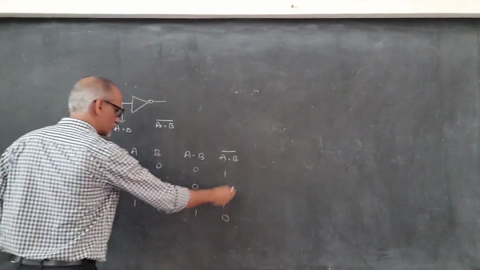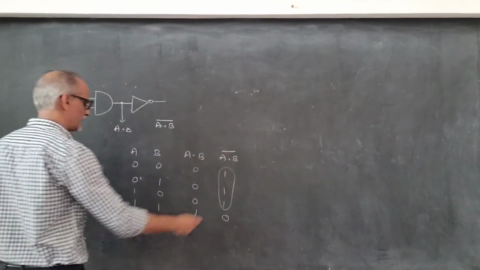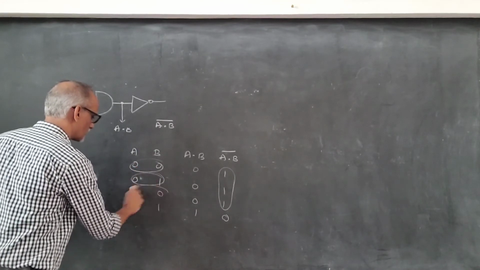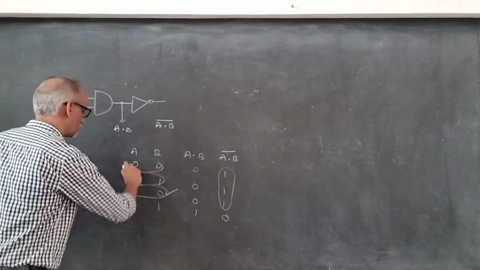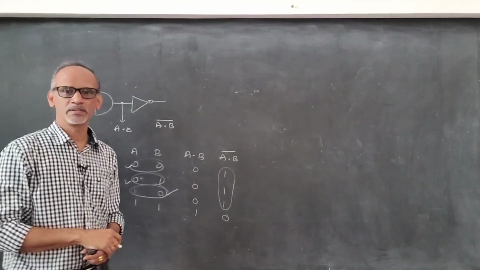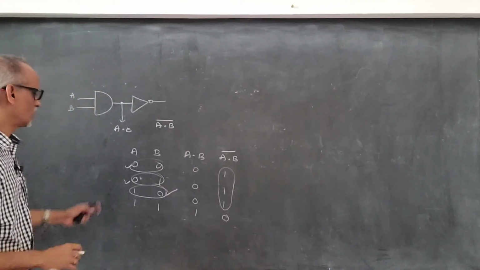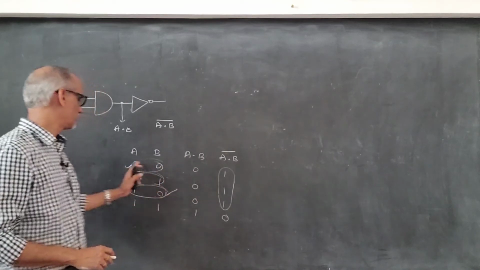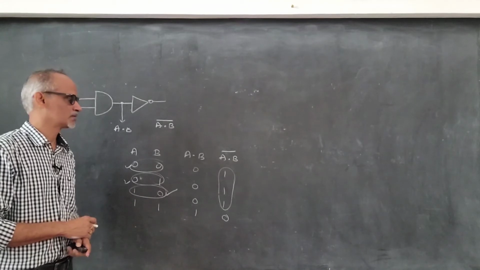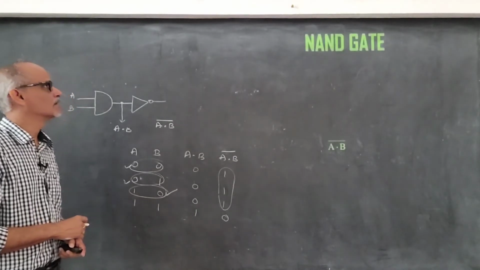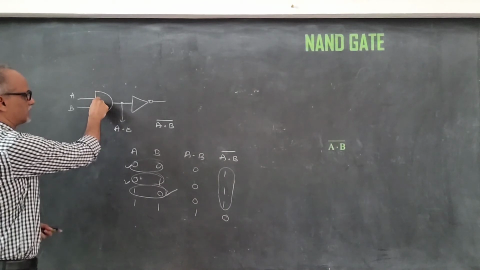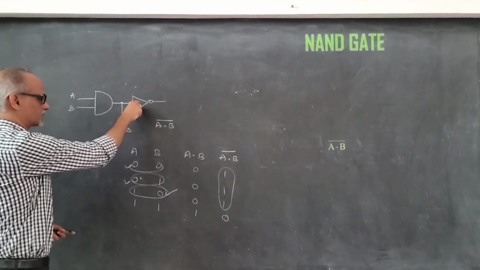So now look at the output. The output is high when any one of the inputs is low, and such a gate is called a NAND gate, which is a combination of AND and a NOT gate.